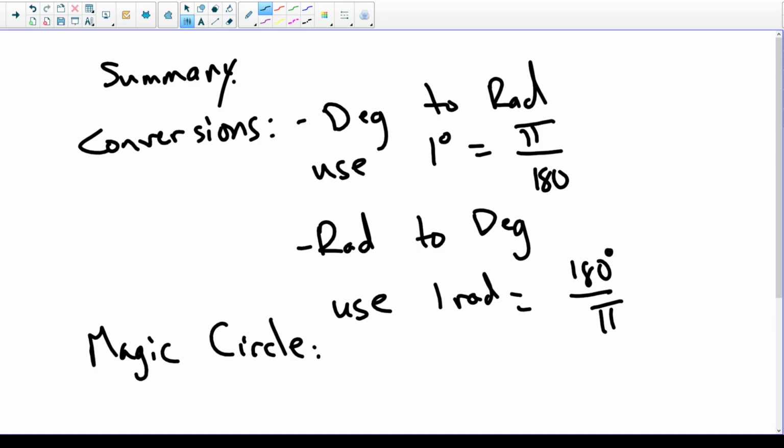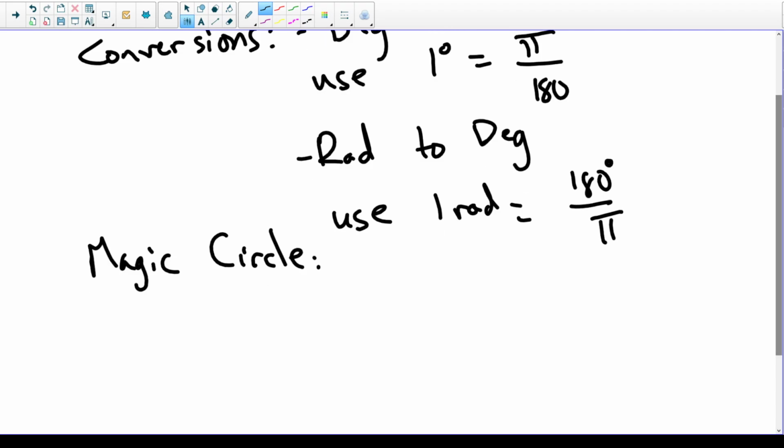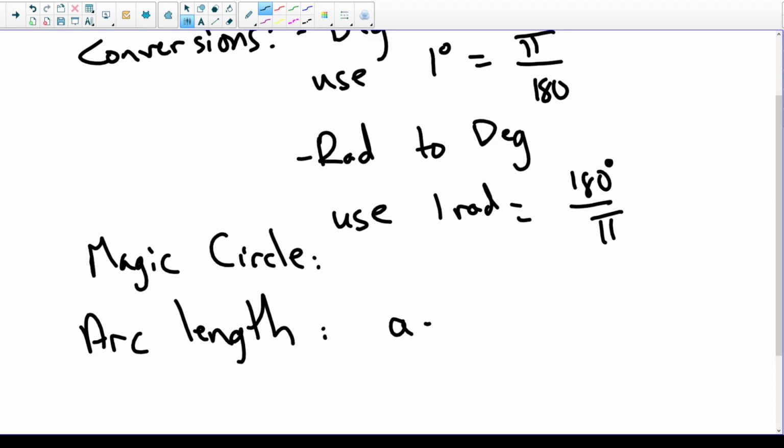And simplifying as you go. Okay. And also the arc length formula. Arc length is equal to r theta, where theta has to be in rads.